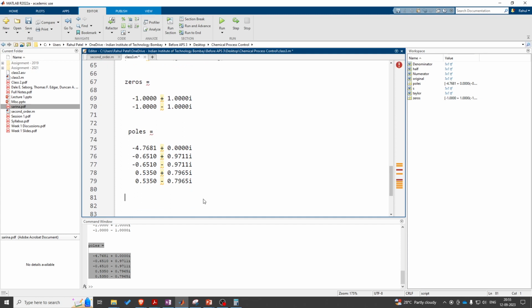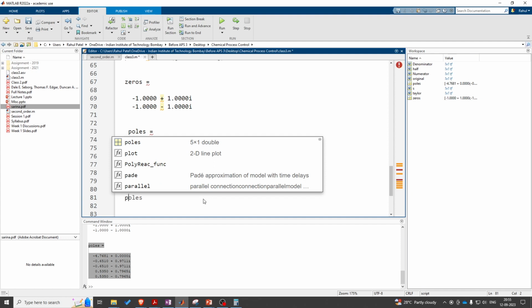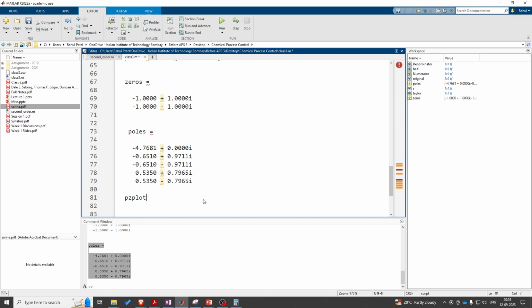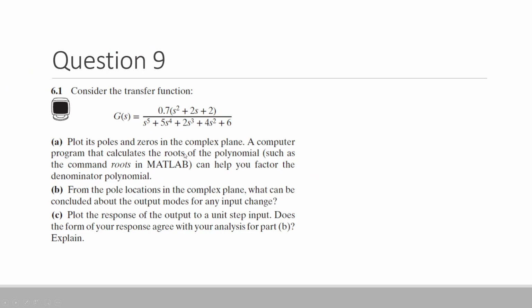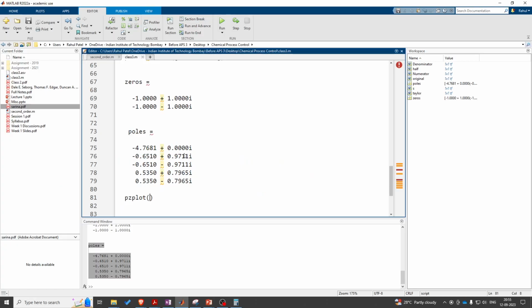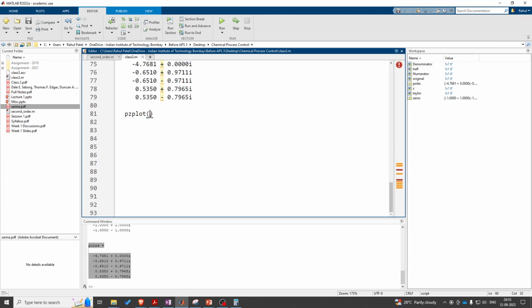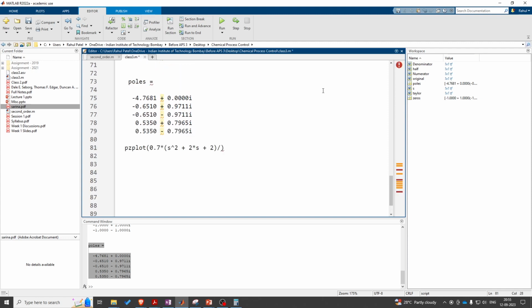Another thing we can do is plot the poles of the system in the complex plane. We can use the function pzplot of the transfer function. The transfer function we have is this one.